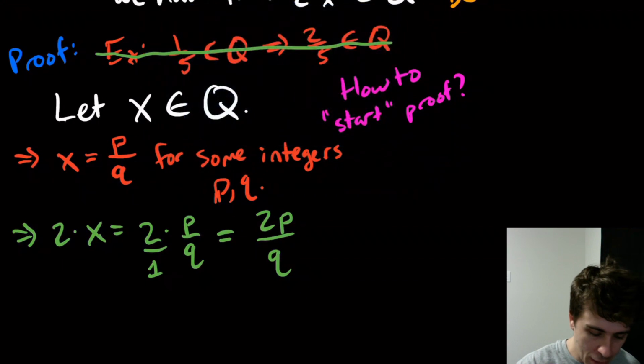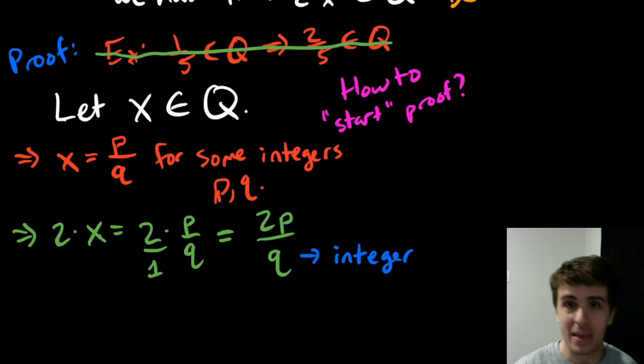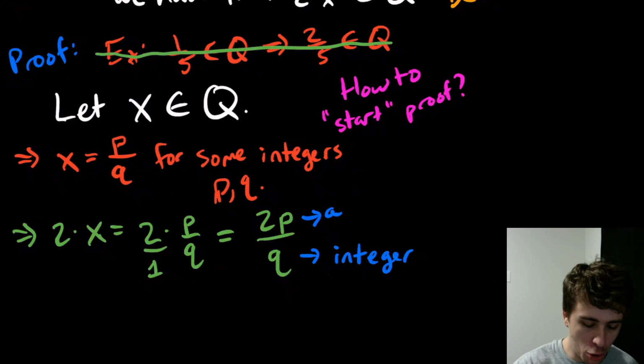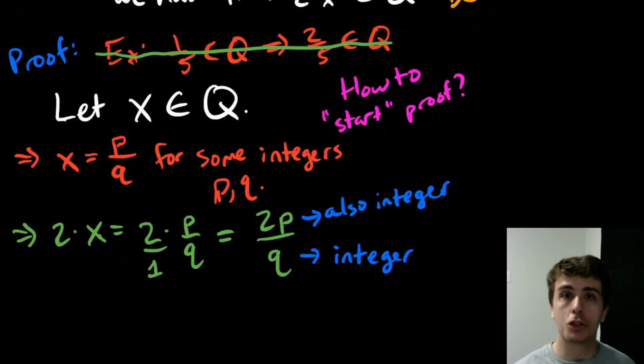So what does this tell us? Well, q is an integer, because q was defined to be an integer to start with. But 2p is also an integer. Why is that? Well, 2 times an integer is also an integer.